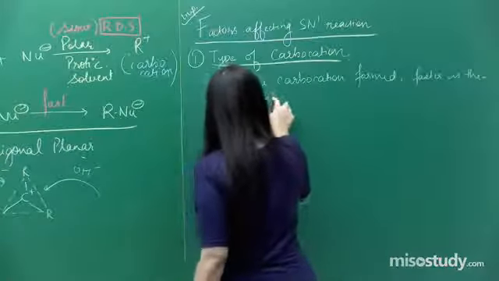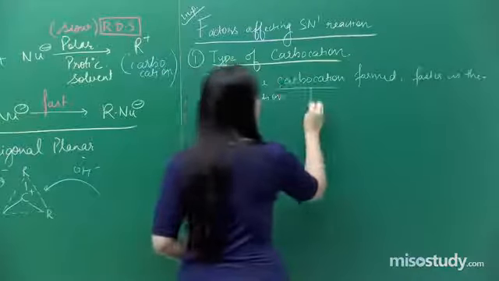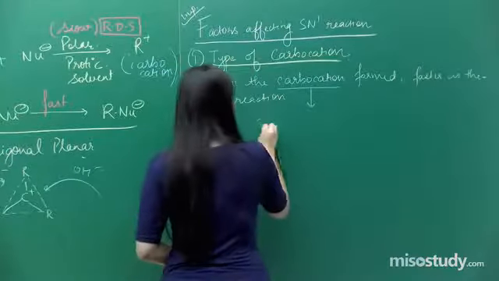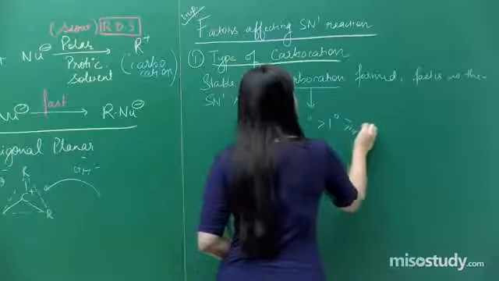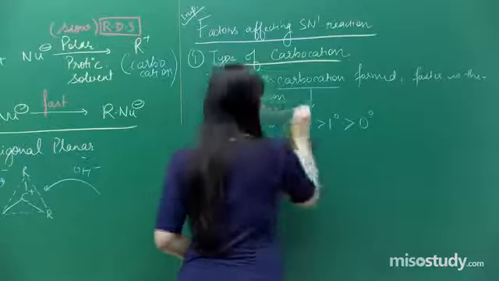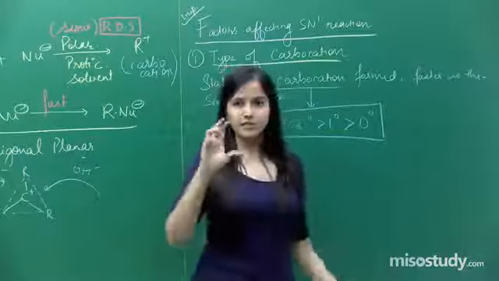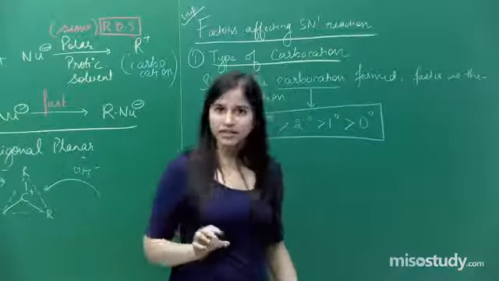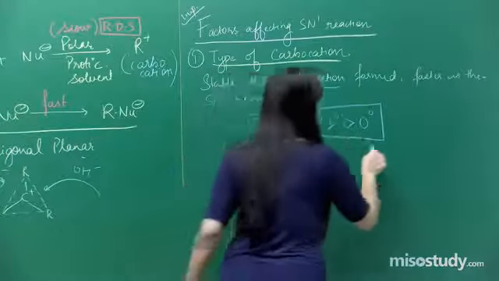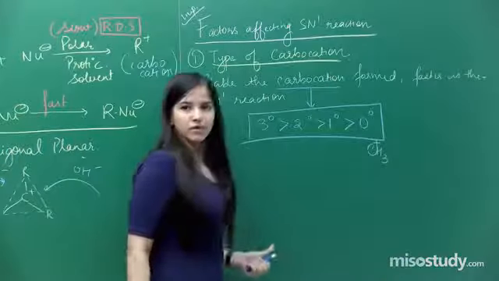Thereby, what is the stability order for the carbocation? It's tertiary, secondary, primary and then finally the 0 degree one. You may not find this 0 degree term in the book, but what does that 0 degree signify? It signifies methyl carbocation. Clear?